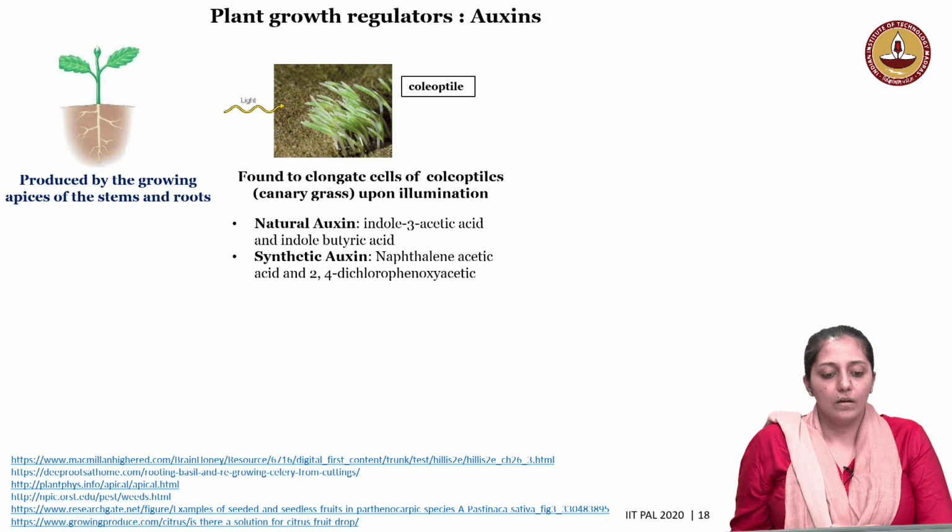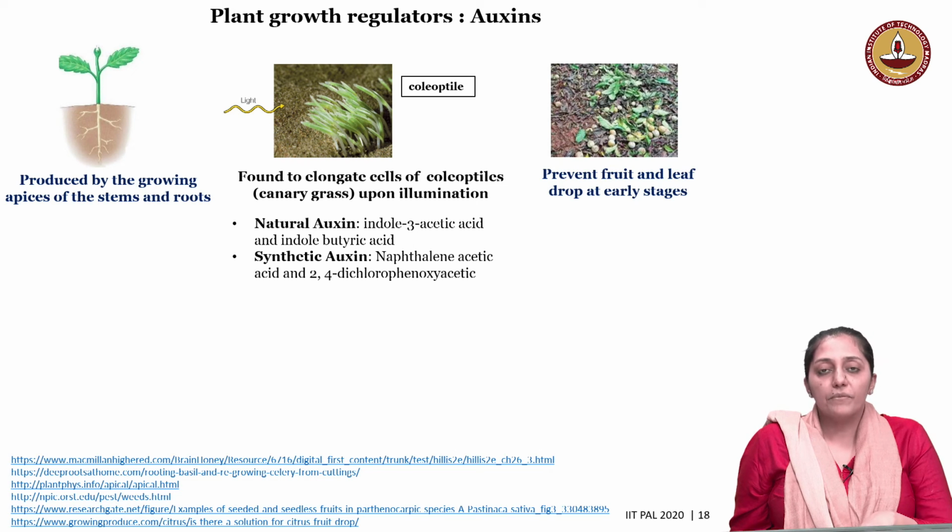Now these natural auxins are produced by the growing apices of the stems and the root. This can prevent fruit and leaf drop at an early stage.